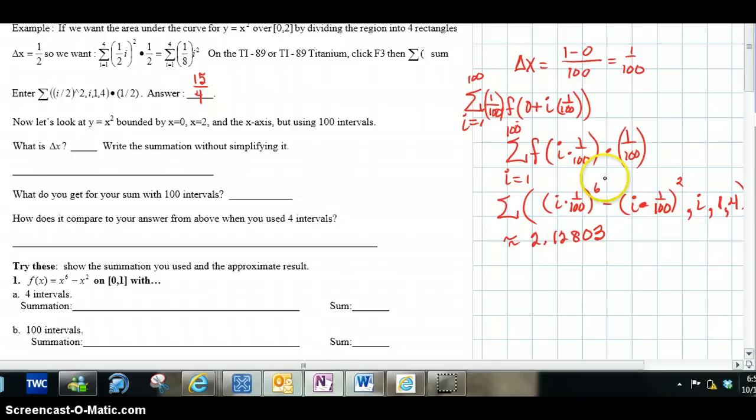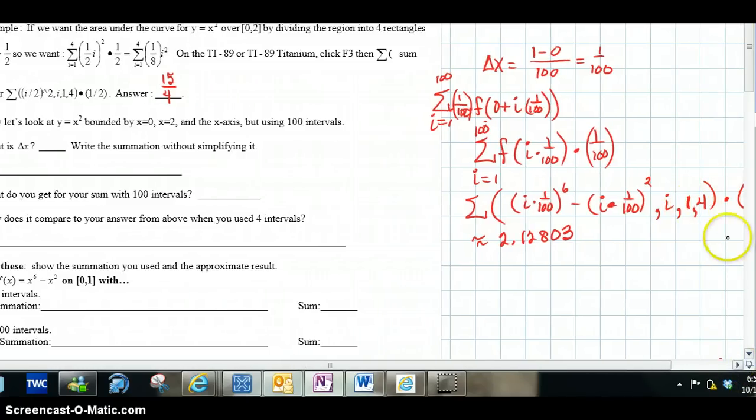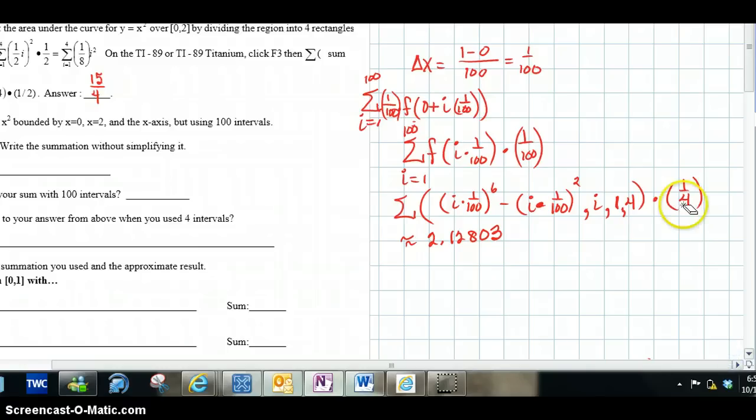So that's the value of the function, which is changing in terms of i. Put a comma, i from 1 to 100, multiplied by the width of each rectangle, which is 1/100.